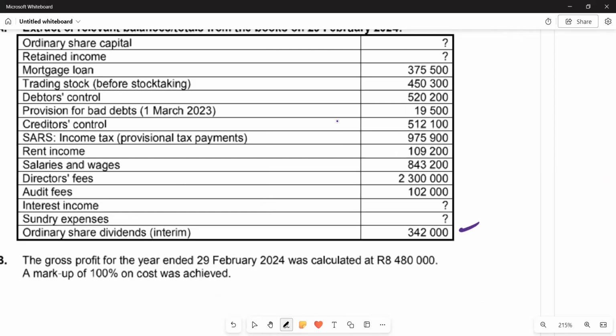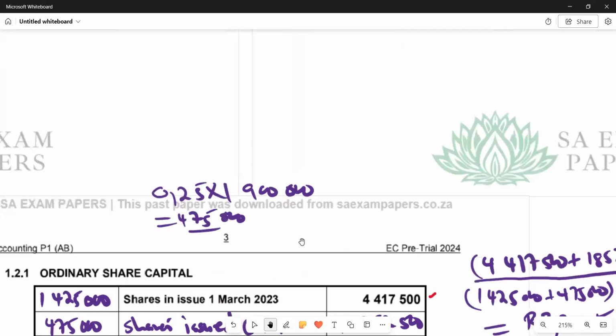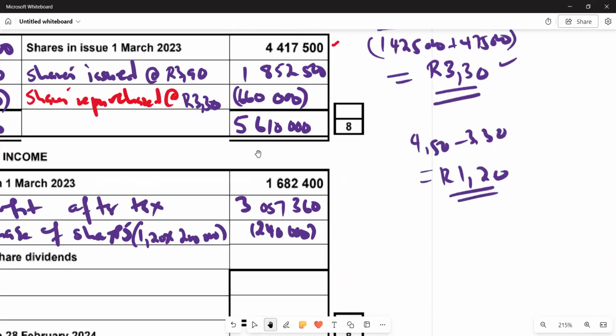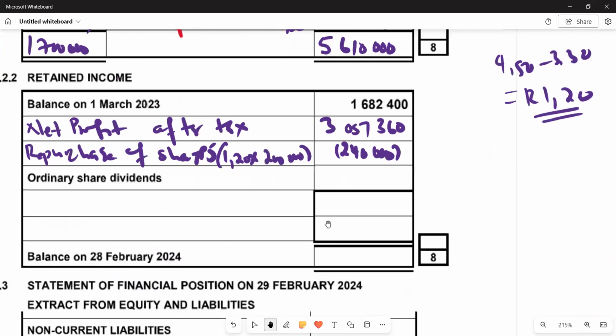So we are just going to say interim dividends 342,000, and then obviously we need the final dividends.